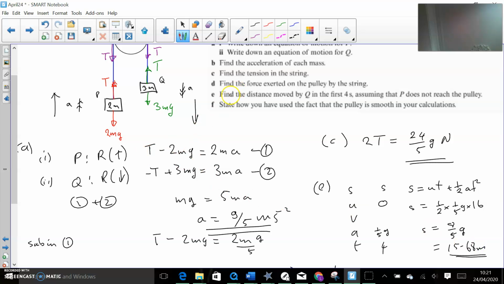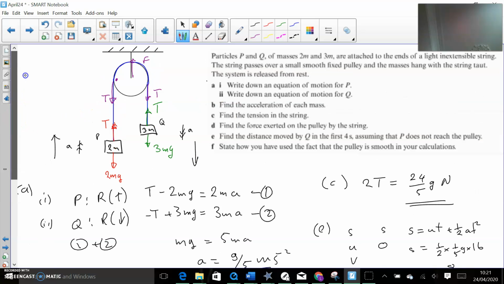Okay, so that's E. And the last bit's F. State how you have used the fact that the pulley is smooth in your calculation. Well, how you have used it, as I said before, is that the tension on both P and Q are the same.